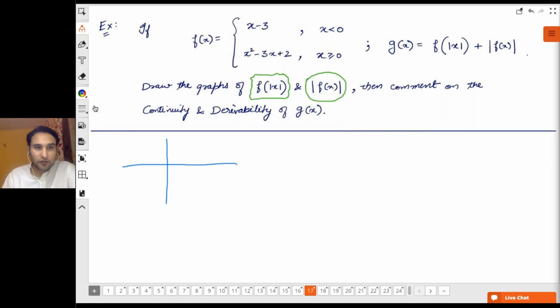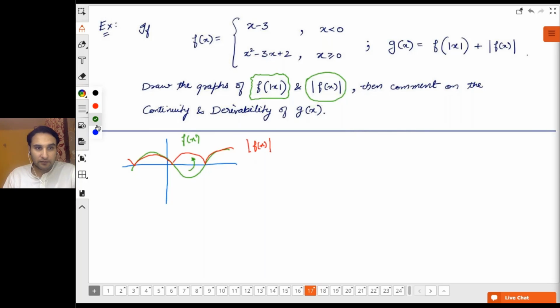So what happened if this was a graph? If this was a graph, your graph became this one if you did mod of f(x). Agree? If your green graph was f(x), this portion jumped up to become mod f(x).